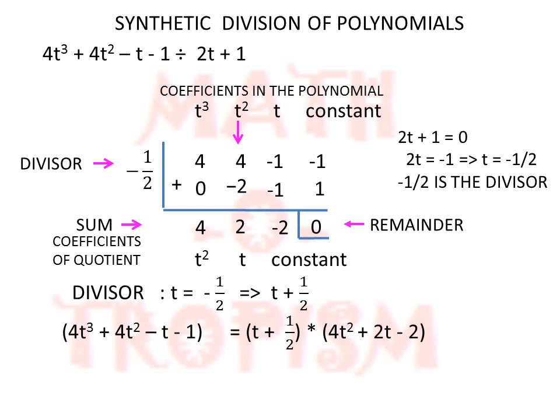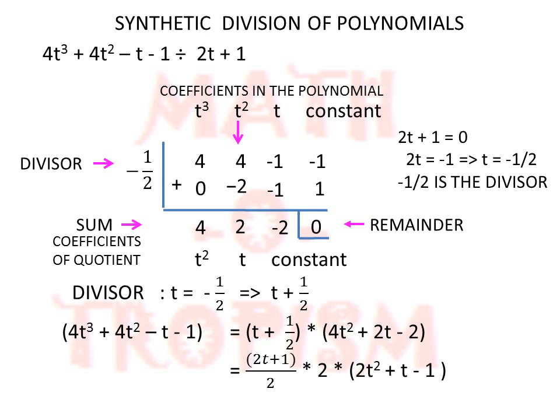So I will write 4t cube plus 4t square minus t minus 1 as t plus 1 by 2 into the coefficients of the quotient with the t square terms. So it will come to 4t square plus 2t minus 2.